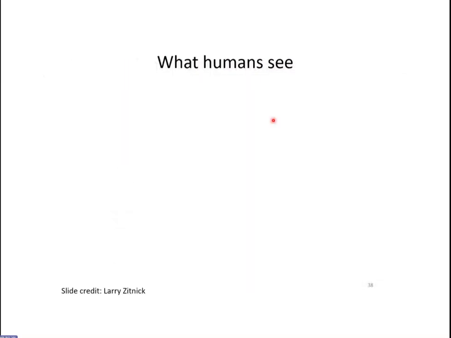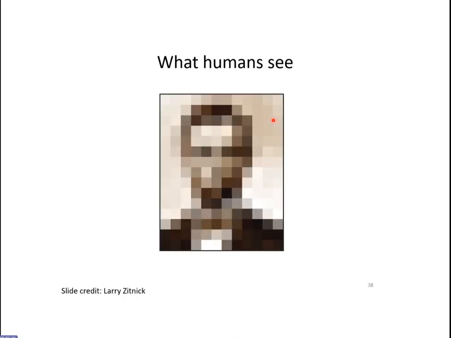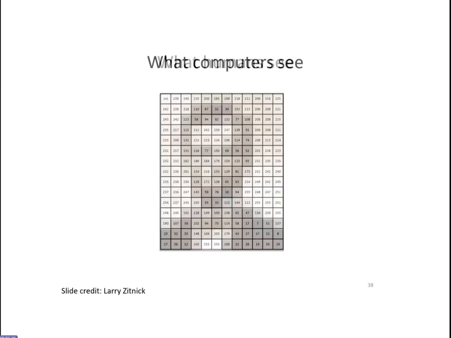Okay, so let's see. This is computer vision and another is human vision. So let's see what do we see and what does the computer see. So we see this is, okay, some of you see this is a portrait, a portrait of a man. But the computer sees a lot of numbers.